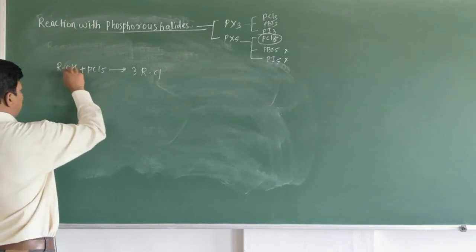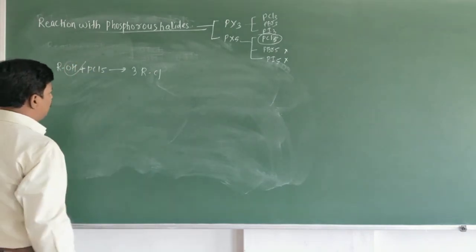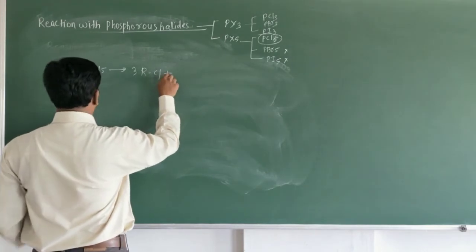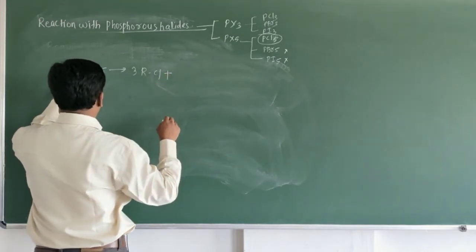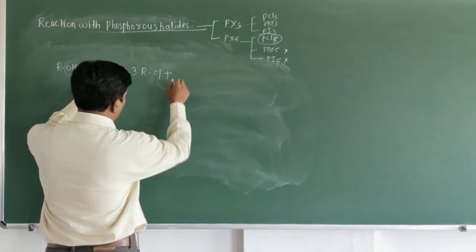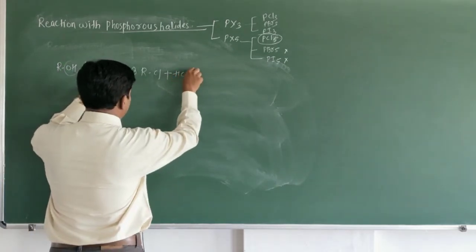Here, from this alcohol the OH group gets substituted by the chlorine atom to form RCl, alkyl chloride. Then the byproducts: from this OH, the hydrogen atom and one chlorine form HCl.